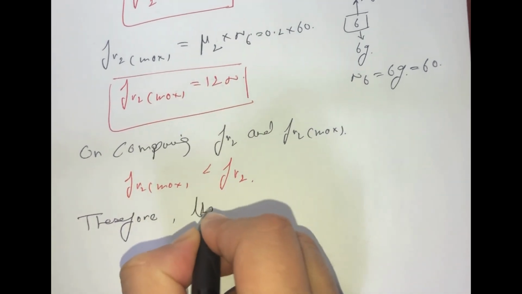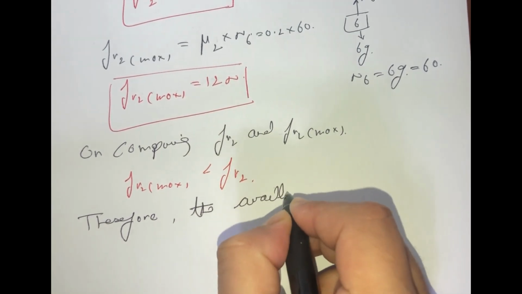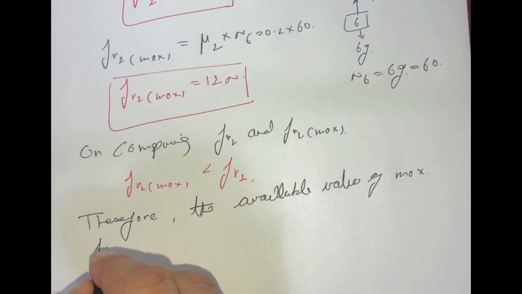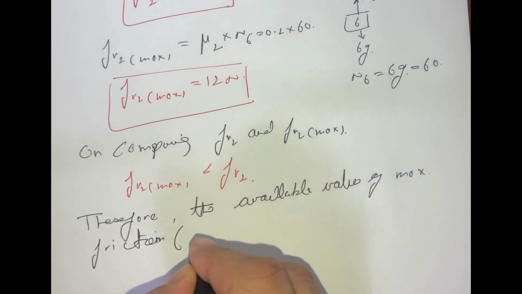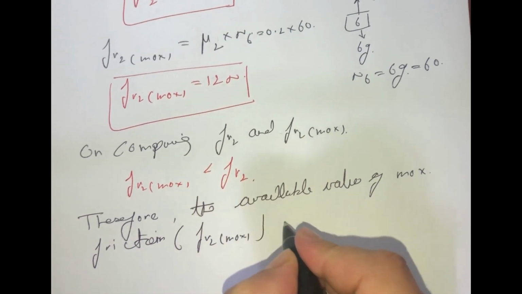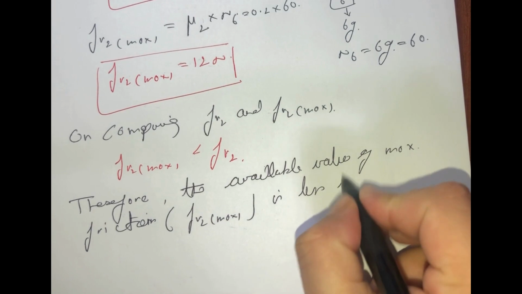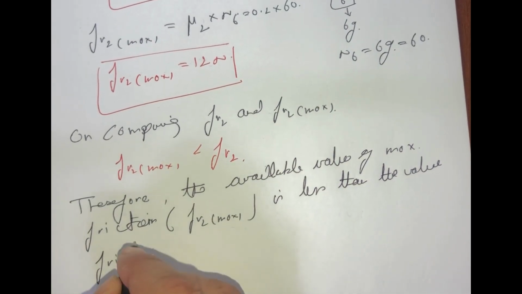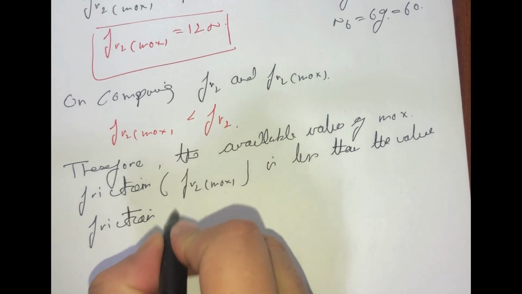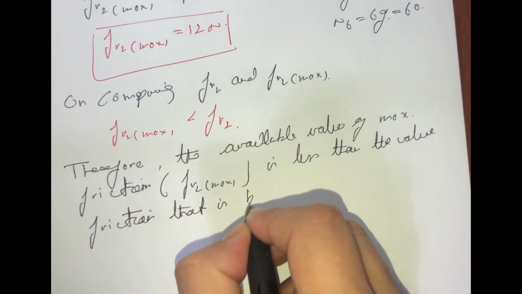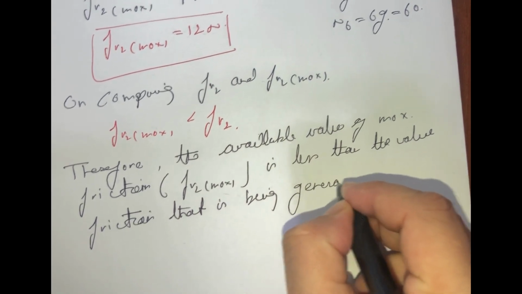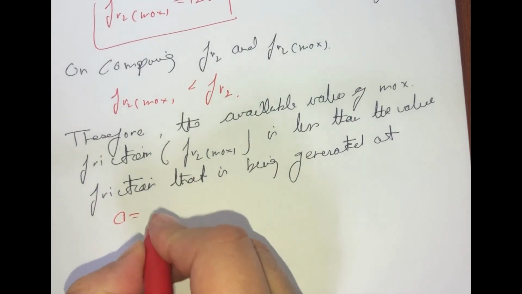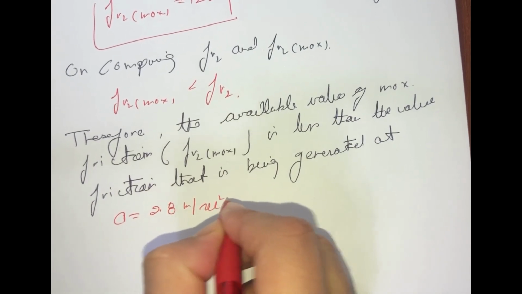Therefore, the available value of maximum friction, which is given by FR2 max, is less than the value of friction that is being generated at acceleration equal to 2.8 meter per second square.